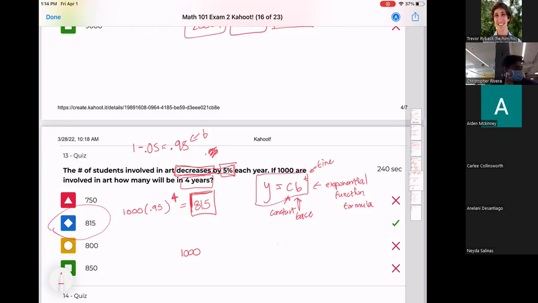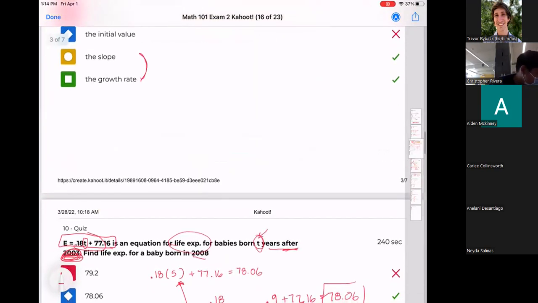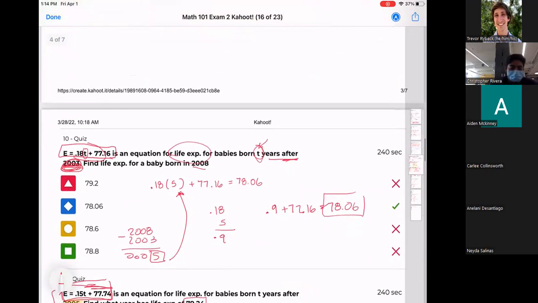So just remember, exponential functions will typically have words like decreases by 5%, increases by 5%. Whereas linear problems like this one follow y equals mx plus b.